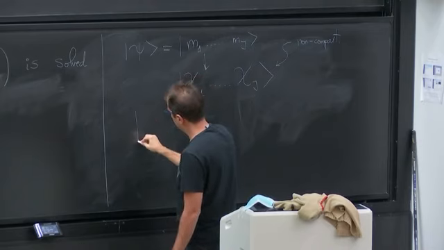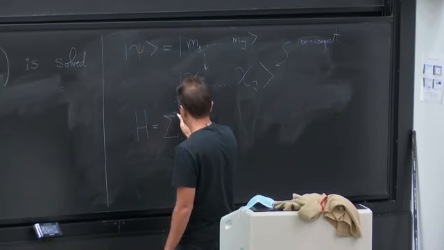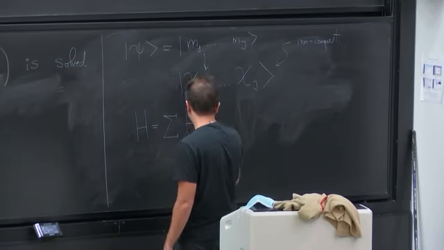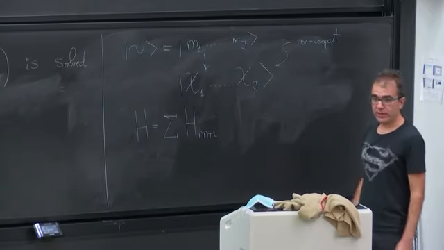Now the Hamiltonian will be, by planarity, a sum of Hamiltonian densities acting on sites n and n plus 1. So that's just by planarity.